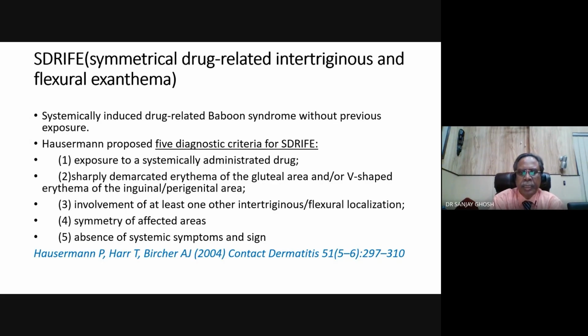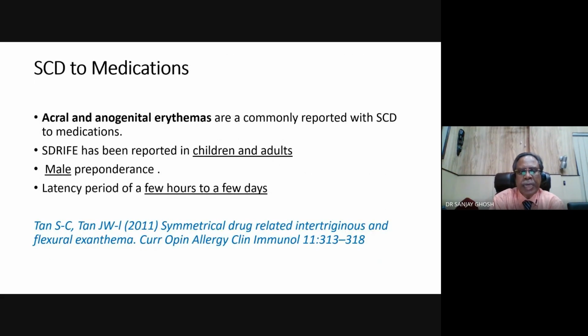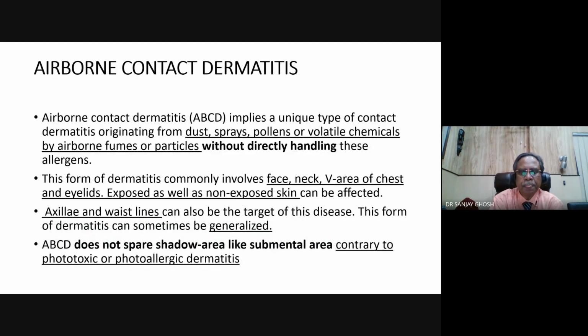Number 4, absence of any systemic symptoms and signs. Acral and anogenital erythema are commonly reported with this medication. SDRIFE is also reported in children apart from adults. There is male preponderance. Latency period could be a few hours to a few days.